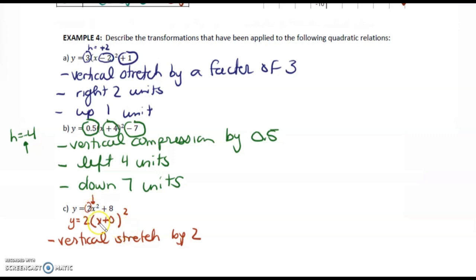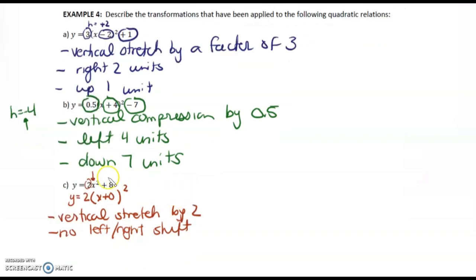Okay, because if we were to do x plus 0, that would just cancel to x, and we'd have that x squared, which is in the original. So there's no left-right shift. Okay, and then this plus 8 is up 8 units.